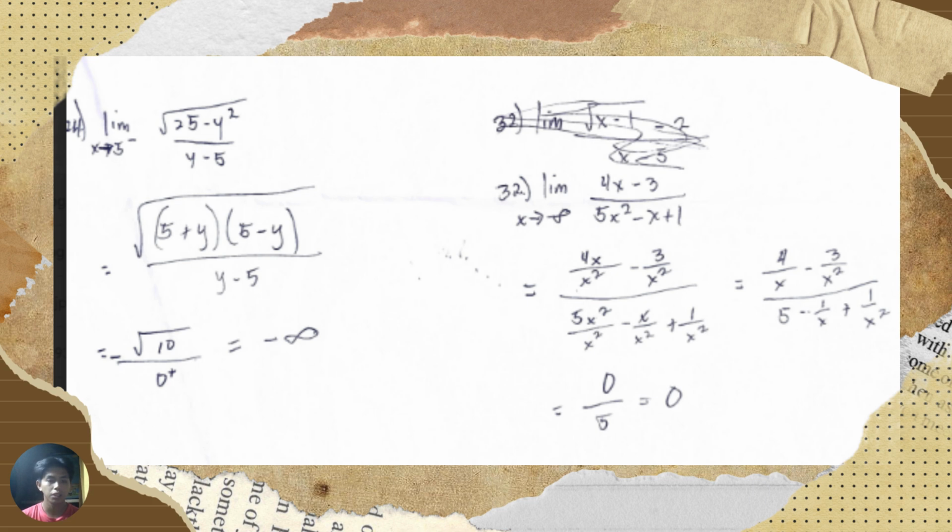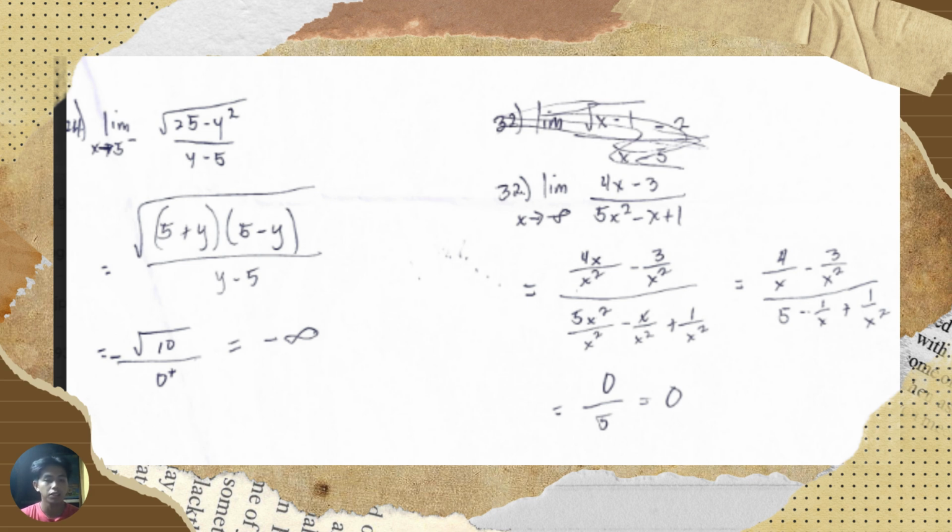And then next one, number 24, we're going to find the limit if there is, and if there's not, there is no limit or it does not exist. So number 24, the limit of the square root of 25 minus y squared over y minus 5.